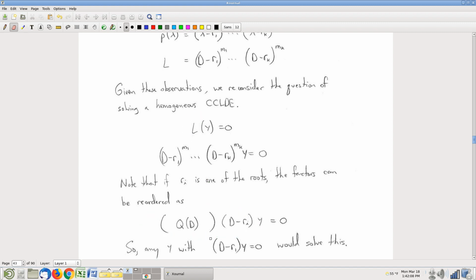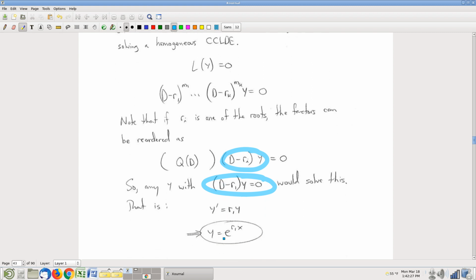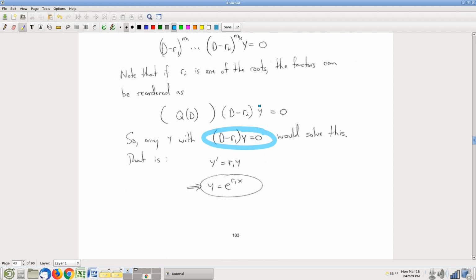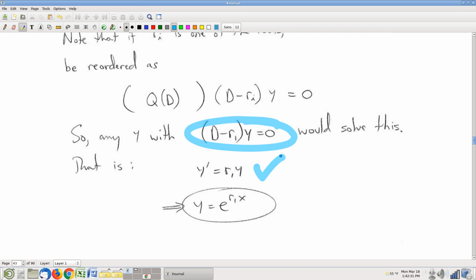Therefore we can understand this great big nasty nth order differential equation by the smart alecky observation that if I can make this 0, in other words, if I can solve that differential equation, we're good, right? And that differential equation is easy to solve. That differential equation is the natural growth equation, whose solutions we already know. So I think this is a pretty big thought.